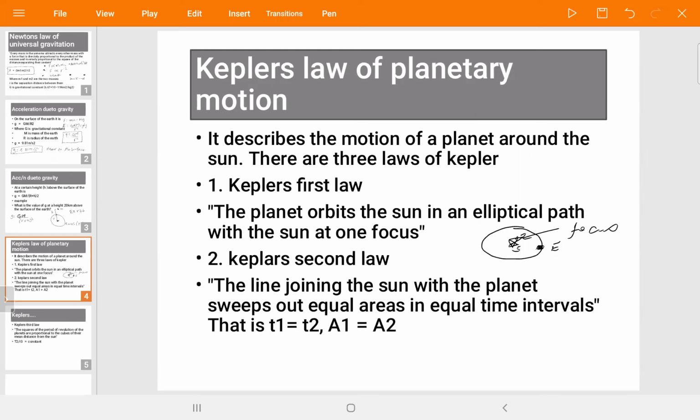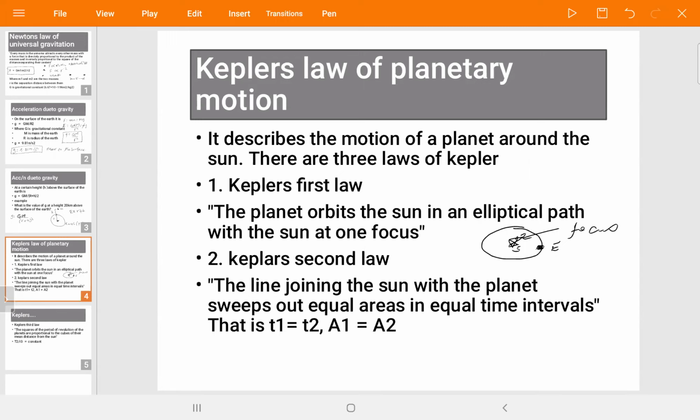Whereas when they are moving, being far from the sun, they will have some distance to cover, and that area will be related with time, and the time taken to cover equal area will be an equal time interval.